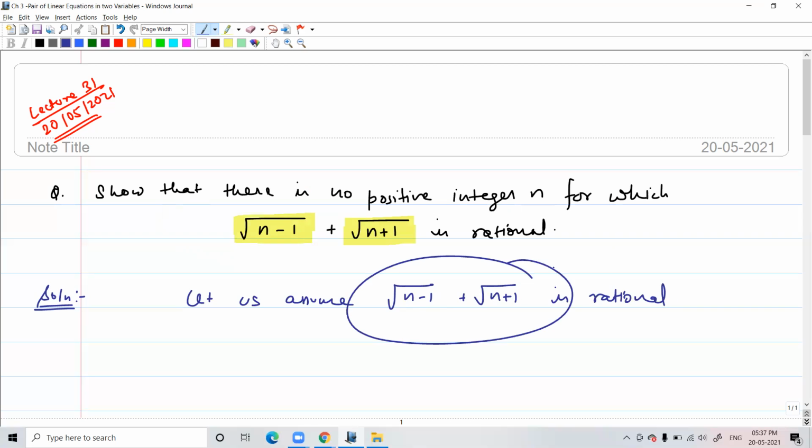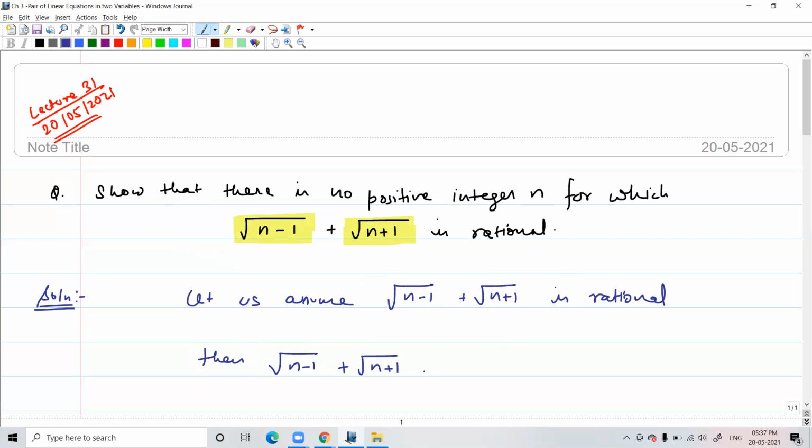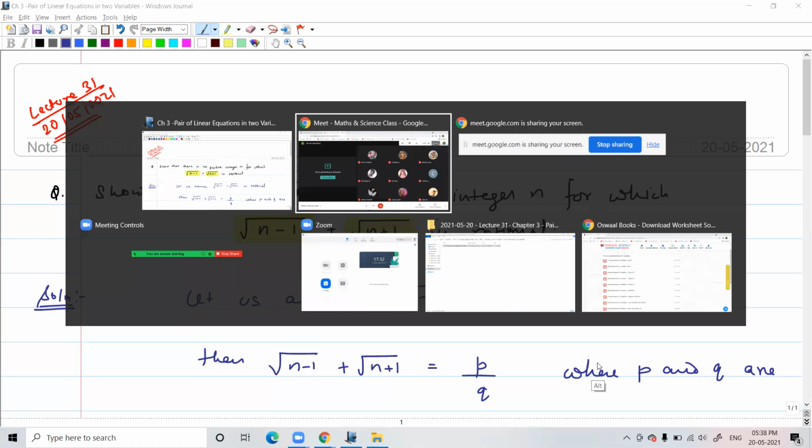So if something is rational, we should be able to represent it in P by Q form. So let's write it like that, where P and Q are what? What is P and Q here, guys?